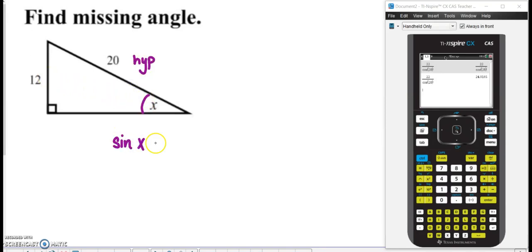So we'll use sine of x equals, and we have the opposite over the hypotenuse. And now we're given a ratio here, and the variable that we're looking for is actually in sine right here. So we always have to perform an inverse when the variable's in a function here.